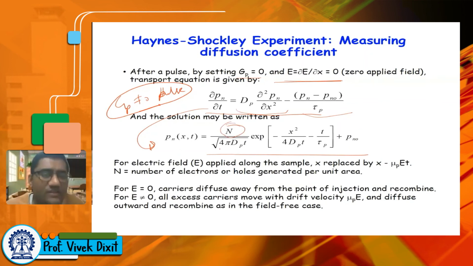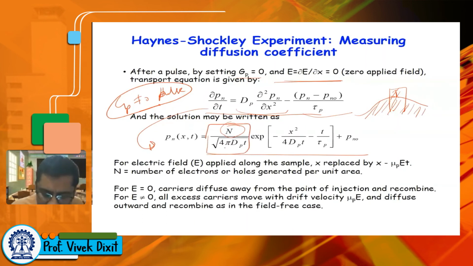As the pulse spreads, this peak decreases. The only thing that will be constant is the area, the total number of carriers. So the area under the pulse and the area under this spread function will be the same, so the peak will reduce. The peak as a function of time is reducing as n by square root of 4 pi Dt. So as the time is increasing, this peak is reducing.